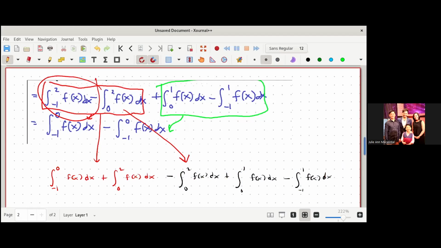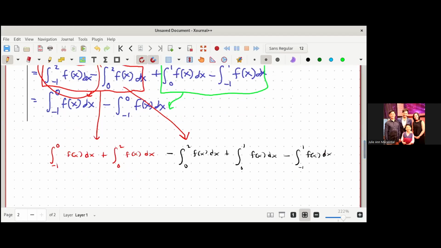Ano yung ginamit ko? Ginamit ko yung theorem na kaya kong biyakin yung integral into two integrals involving non-overlapping domains, negative 1 to 0 and then 0 to 2. And then yung next step, okay, pwede na.